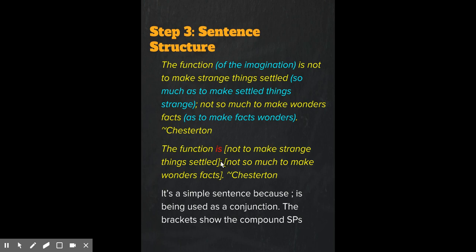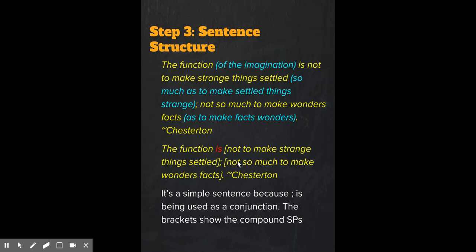And then we have a semicolon, and then we have another sentence. Not so much to make wonders facts. So we have the same pattern, to make wonders facts. We have an infinitive again, and not so much is our conjunction.